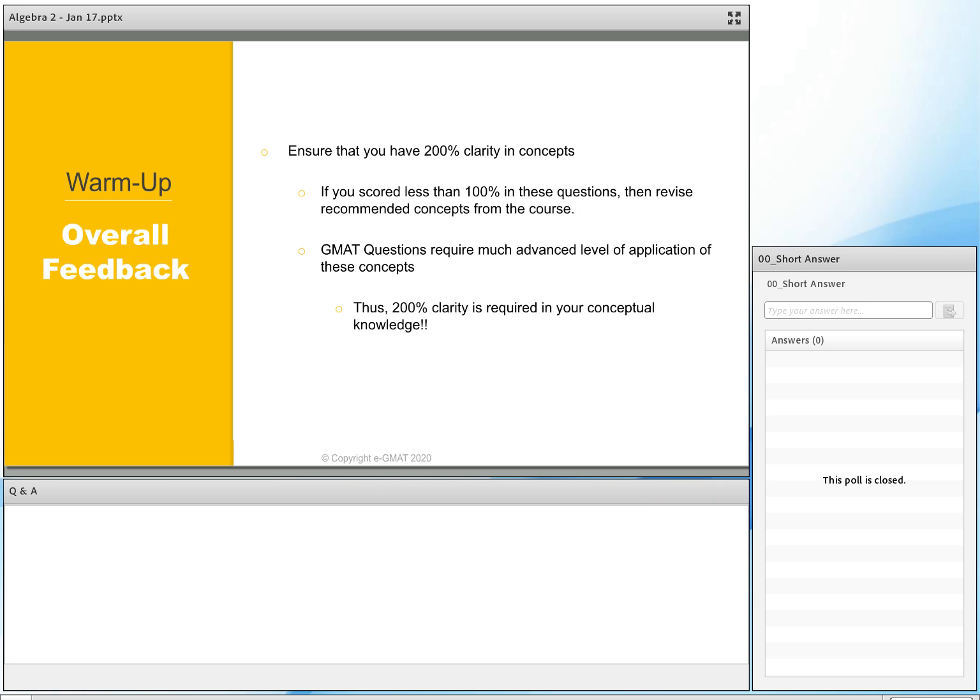Now, for anyone who did not get any question correct, or anyone who could not understand the process of solving questions, even if you got that correct, even by a fluke or some other method, what I would suggest to you is please ensure that you have 200% clarity in the concepts. If you're not good with concepts, you won't be able to apply those concepts. Application of the concepts requires you to know the concepts in the first place, right?